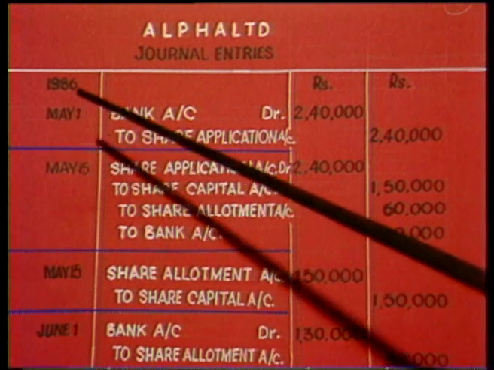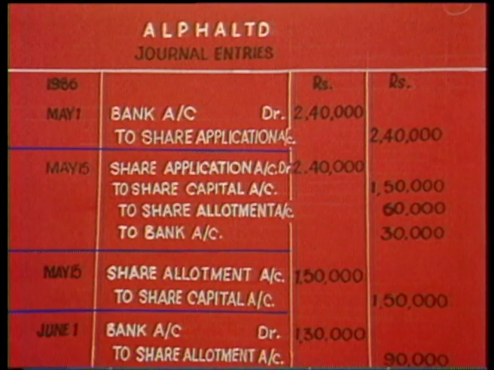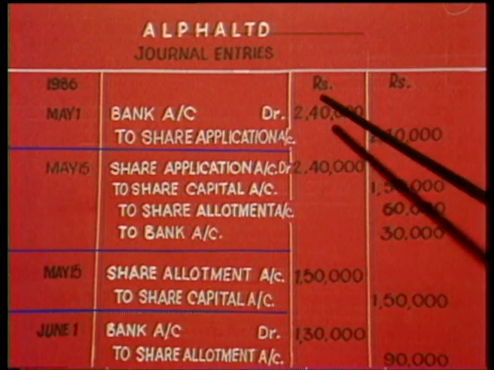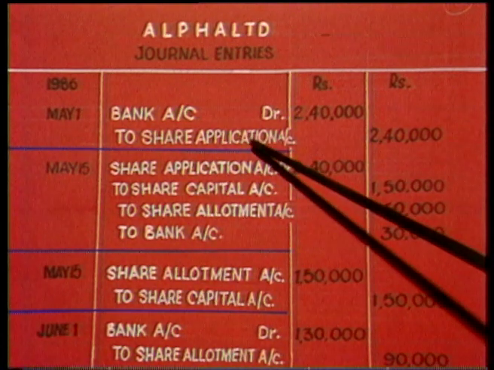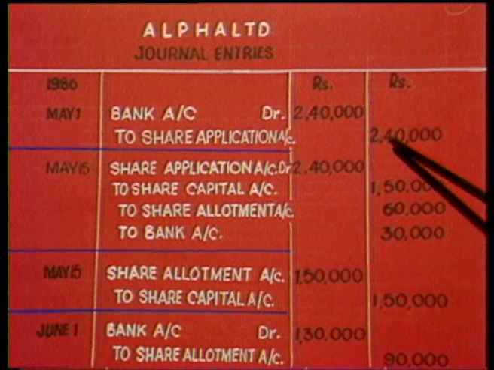On 1st May 1986, applications for 80,000 shares were received along with rupees 3 per share towards application money, and this will be recorded by the journal entry debiting bank account for rupees 2,40,000 and crediting the share application account for the same amount.